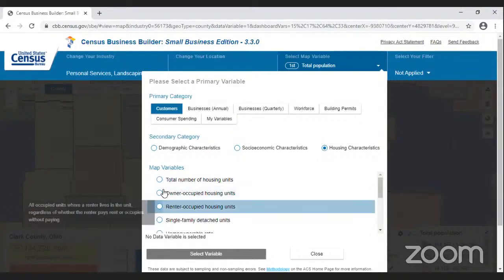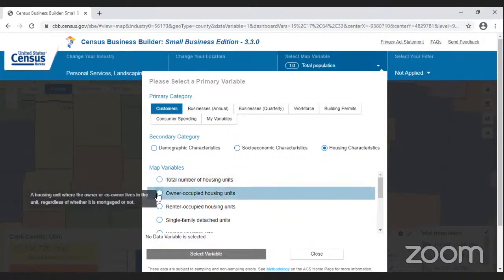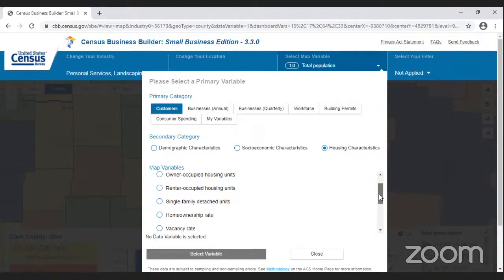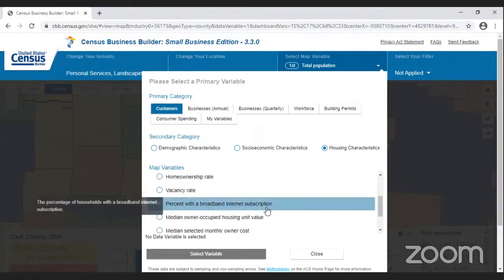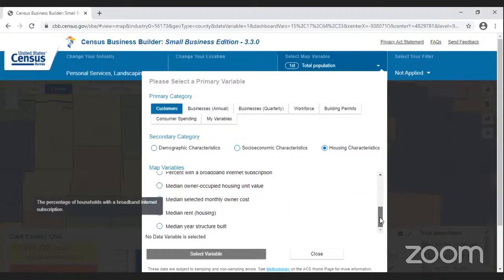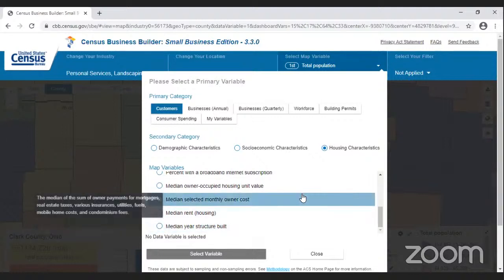So in my case, maybe I want to see where the owner occupied housing units are. I would click that. You can look at the type of houses, single detached, broadband, so who has broadband internet, rent, when the homes were built. So there's any number of ACS data that you can look at on this map.